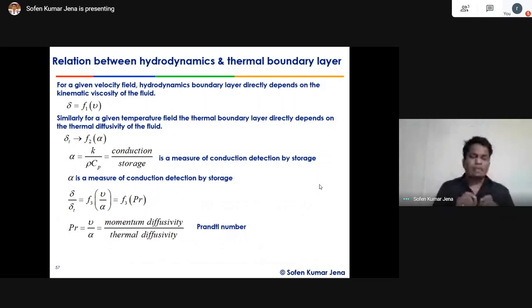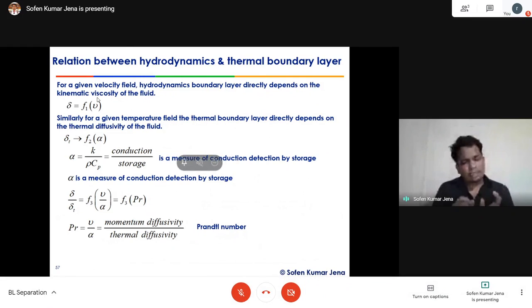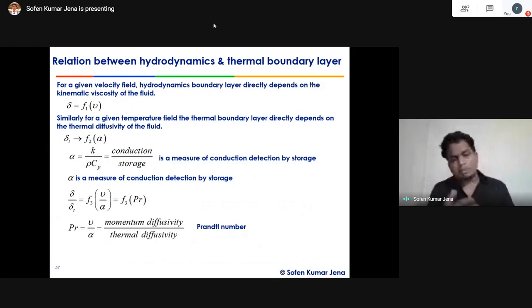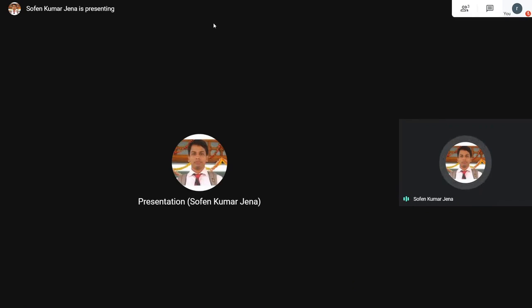What exactly is it telling? If I give two disturbances in a fluid, some velocity disturbance and some heat, the disturbance will propagate along the fluid. If my momentum diffusivity is much higher than the thermal diffusivity, the momentum disturbance will propagate at a much faster speed, so the velocity disturbance will propagate faster than the thermal disturbance, which comes later.